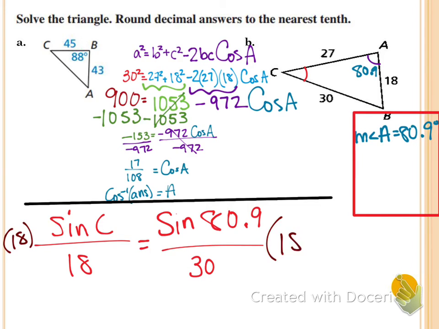So times 18 on both sides. So sine of 80.9 over 30 times 18. I got 0.5924482841. Sound good?